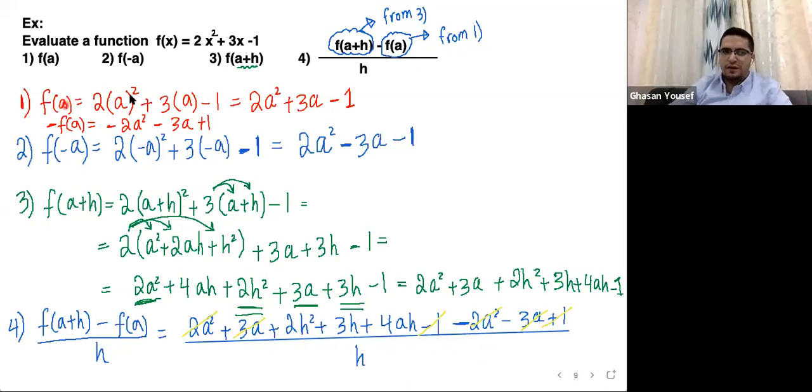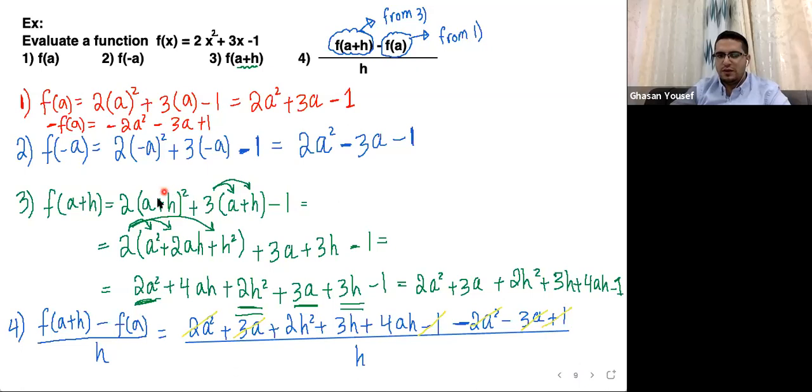Again, f of a, you plug the a inside the function, I get 2a squared plus 3a minus 1. You plug in f of minus a, the same idea, it is 2a squared minus 3a minus 1. You plug a plus h inside the function: 2 times a plus h squared plus 3 times a plus h minus 1.